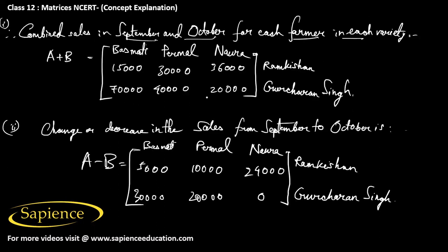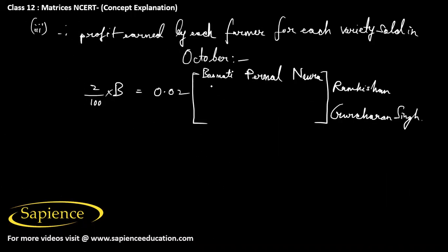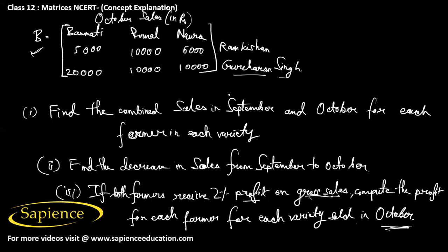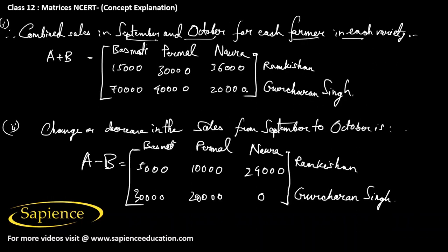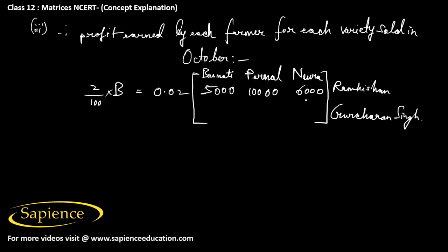So for basmati rice, it is 0.02 of 5,000, then 10,000, then 6,000, then 20,000, then for Perumal it will be 10,000, and for Nora also it will be 10,000.